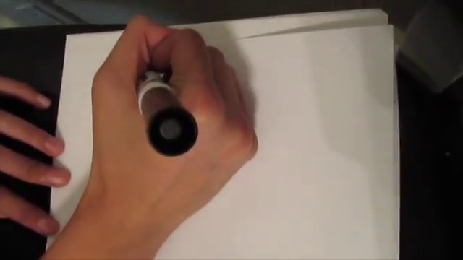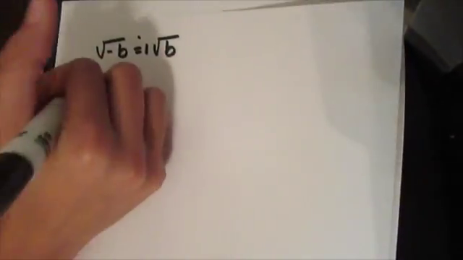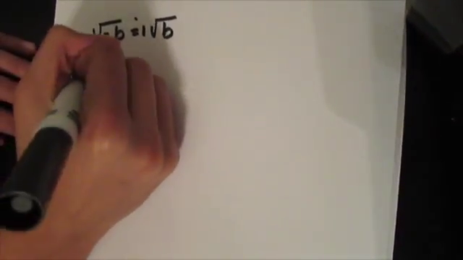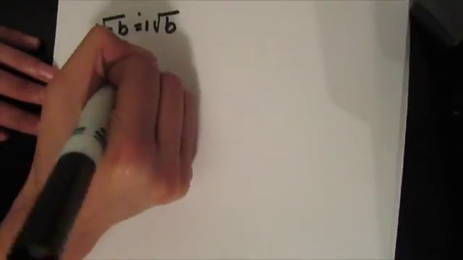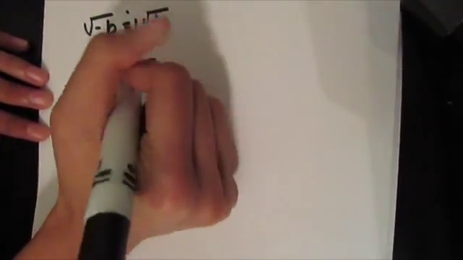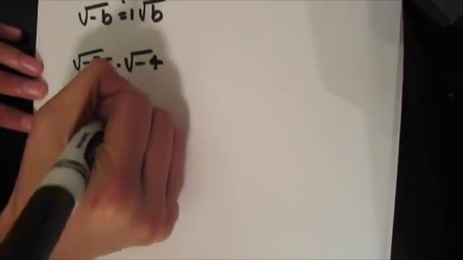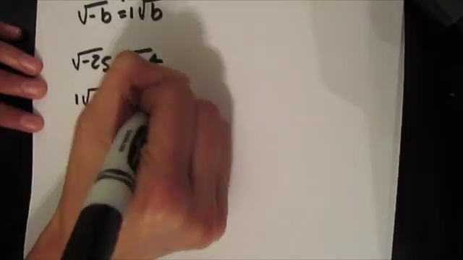The next concept we will be learning is roots of negative numbers. For example, if we have radical of negative b, it will be equal to i radical b. So if we have radical negative 25 times radical negative 4, this would be equal to i radical 25 times i radical 4.